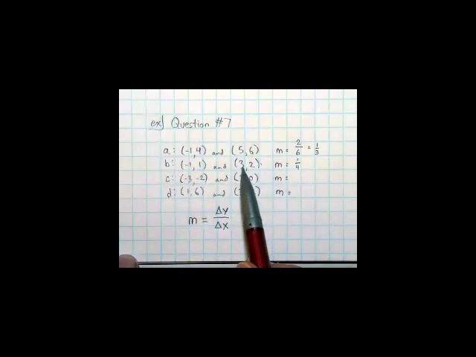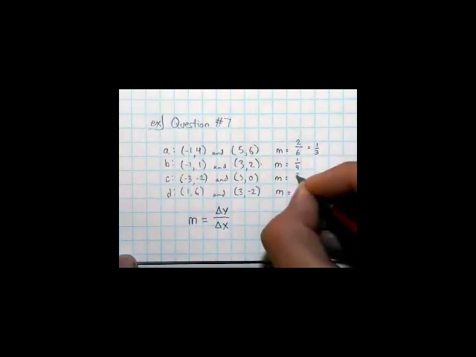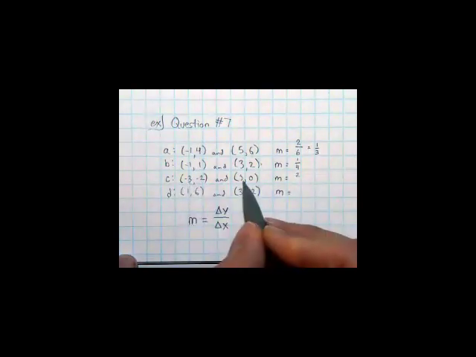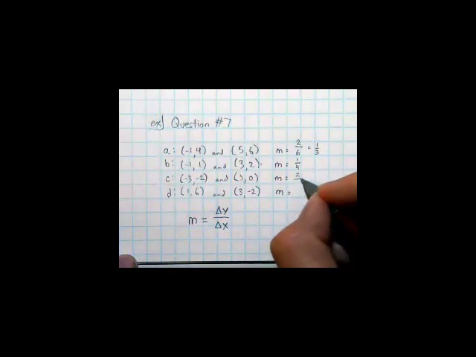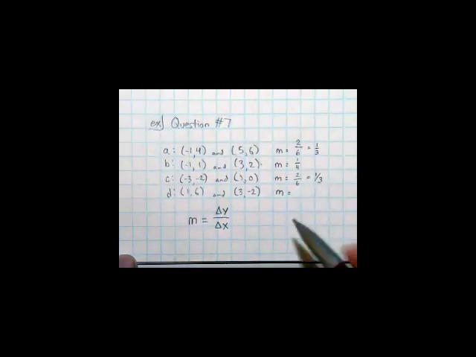Up to 3 is the second x. How much did the x change? 4. So it's 1/4. Okay? So that's what we're doing. -2 to 0. 2. -3 to 3. 6. So 2/6. 1/3. Ooh, we got some parallel lines there.